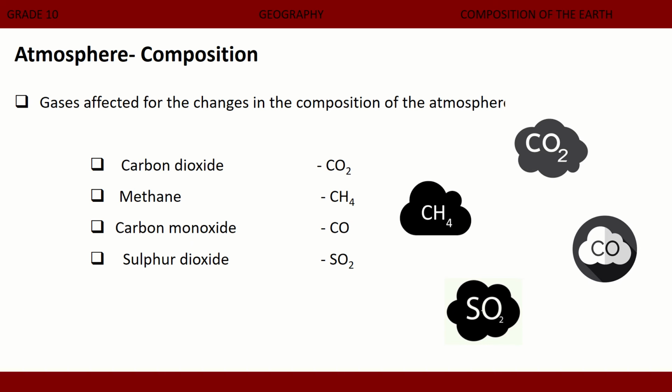Because of the human and natural activities, many harmful gases are added to the atmosphere and they affect the changes in the composition of the atmosphere. Most of the harmful gases are carbon dioxide, methane, carbon monoxide and sulfur dioxide.